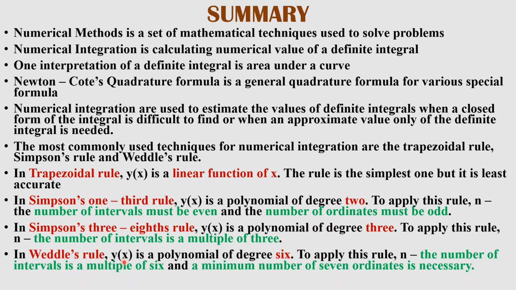In Weddle's rule, y of x is a polynomial of degree 6. To apply this rule, n, the number of intervals, is a multiple of 6 and a minimum of 7 ordinates is necessary. So these are the conditions to be checked to apply this particular rule to a particular problem. When any of these conditions is not satisfied, we can very well state that this rule cannot be applied to solve this particular integral.